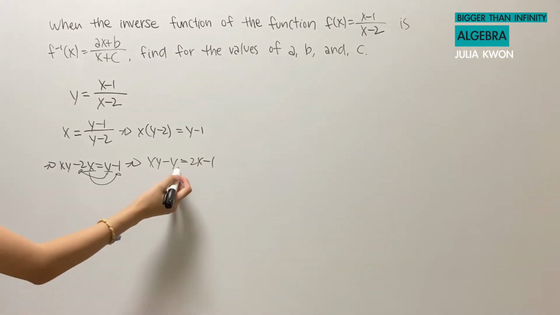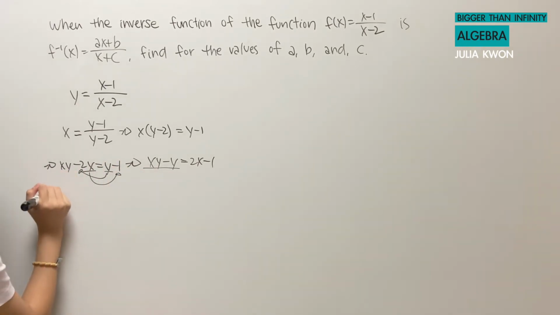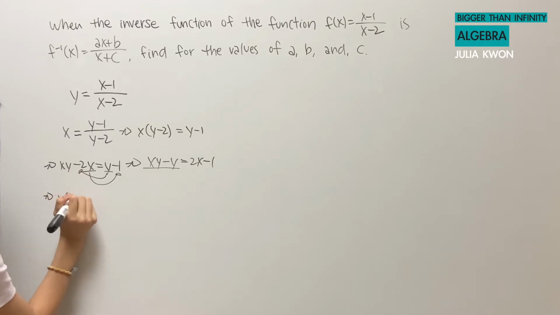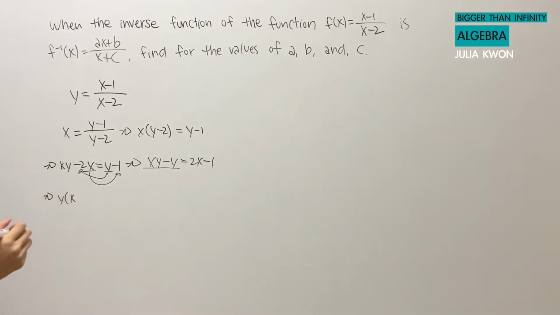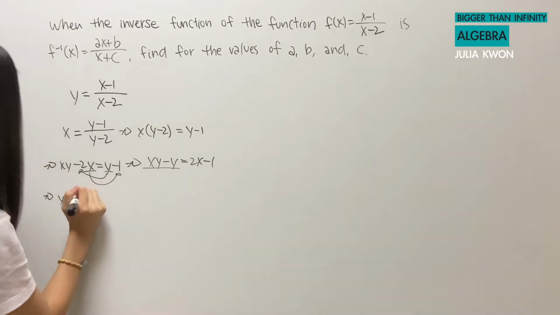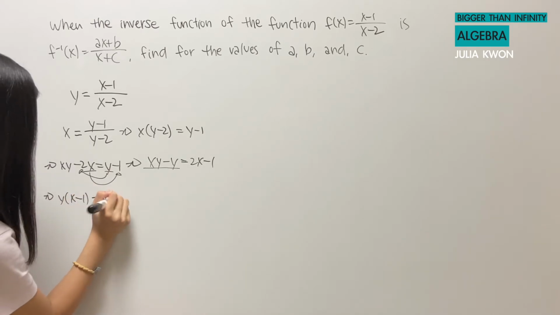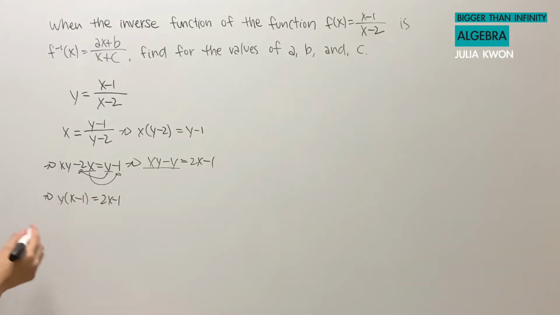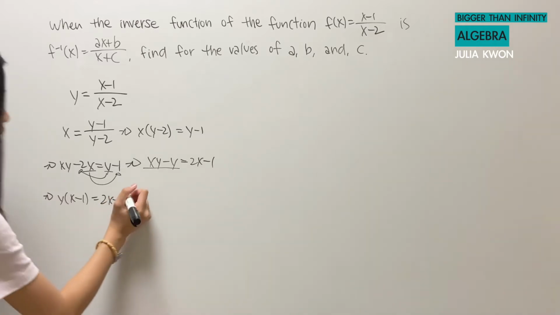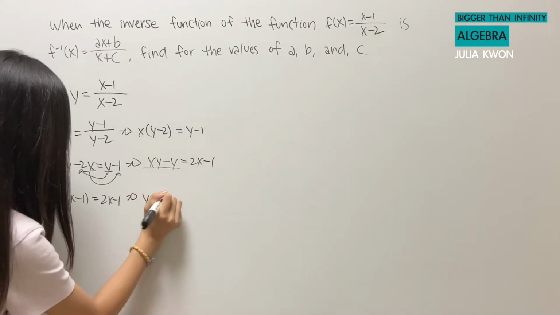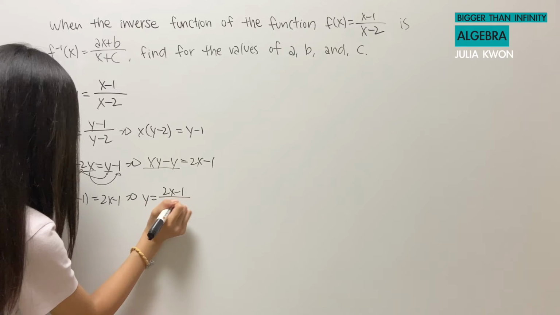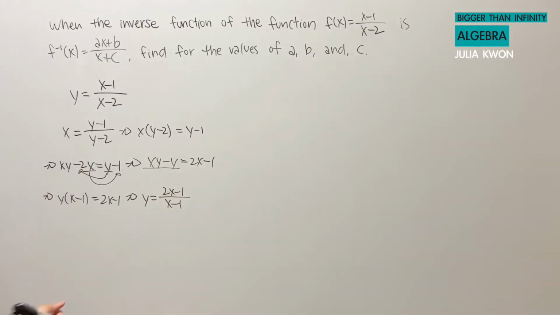Here we factor the equation by y. That will be y times (x - 1) is equal to 2x - 1. If we divide by x - 1 on both sides, we get y is equal to (2x - 1)/(x - 1).